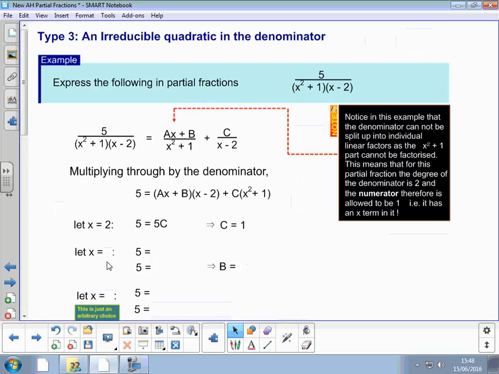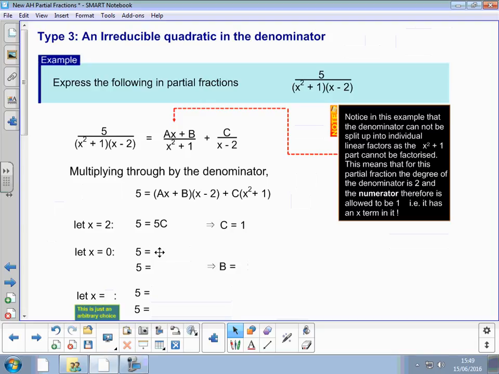Then we need to find another value to replace x with. So we've already figured out what c is, and looking at this bit here, if we replace x with 0, then we're going to get rid of that a term, leaving the b term being the only thing that's unknown in this example.